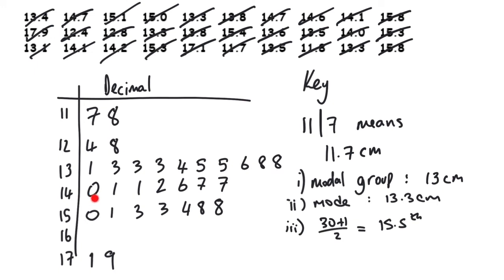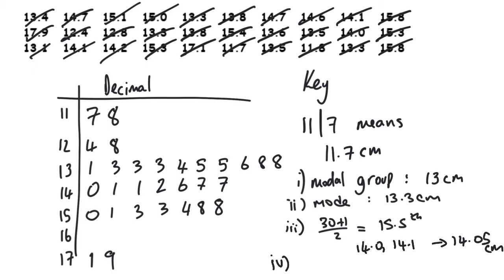So the 15th number is the 0, the 16th number is the 1, the 15.5 is going to be in the middle of 14.0 and 14.1. So in the middle of 14.0 and 14.1, well, that's going to be 14.05 centimeters.